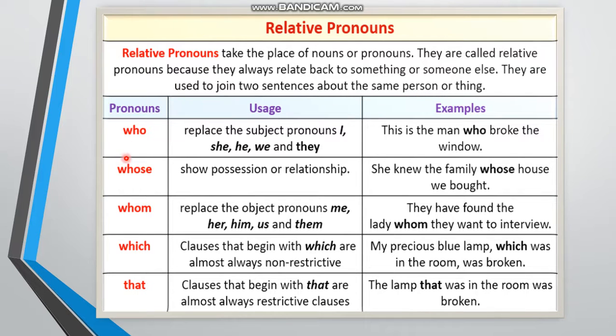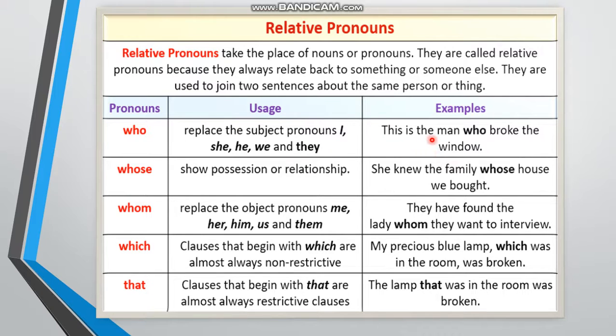And here we have some common relative pronouns and their main usage, with examples. This is an important chart. Who? It is used to replace the subject pronouns I, she, he, we, they, etc.